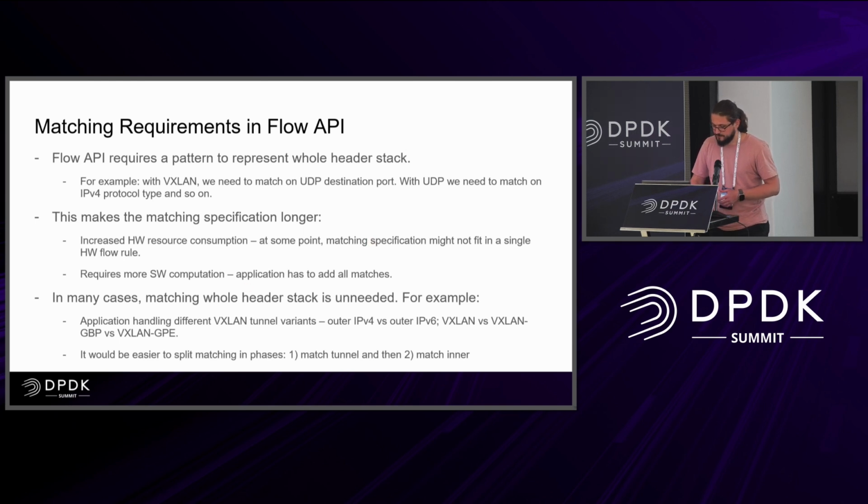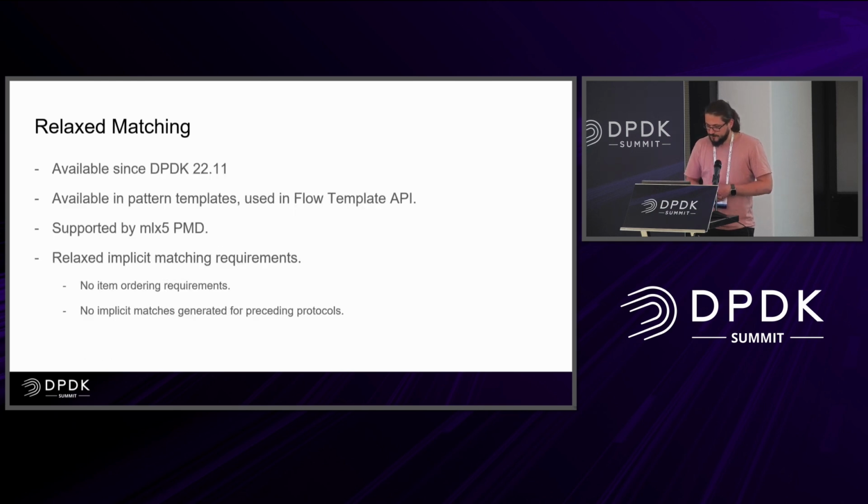It would be easier if the API allowed me to split the matching in phases: in phase 1 I match the specific tunnel which I allow, and in the second phase I match on the inner header contents. This is allowed in relaxed matching. This is part of the Flow template API, the asynchronous version.